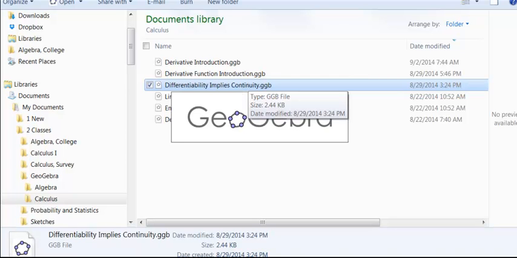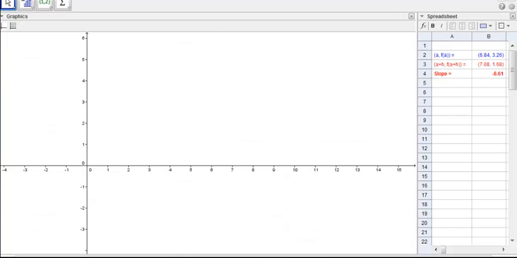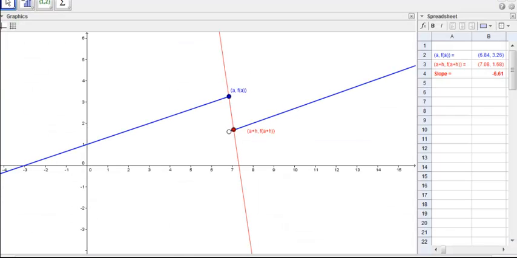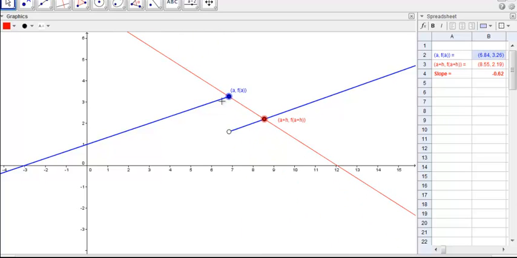In this particular picture, I wanted to look at a function which is not differentiable at a point. Now, the point exists there, but it's not continuous at that point. So in this case, it's sort of left continuous, but not right continuous. In other words, the limit from the left of f of x as x approaches A is f of A, and there is a point there, but the limit from the right is not.